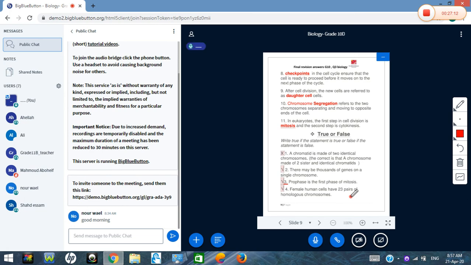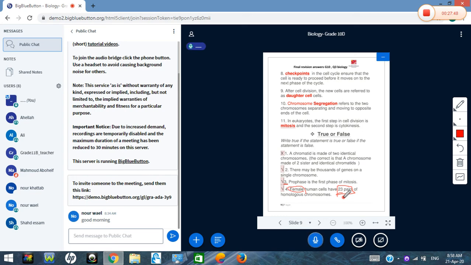Number four, female human cells have 23 pairs of homologous chromosomes. When you see the question the first time, you will say the statement is wrong. Why? Because there is female and 23 pairs, and you know that female sex cells have just 23, but the question asks about all body cells, all types of chromosomes.